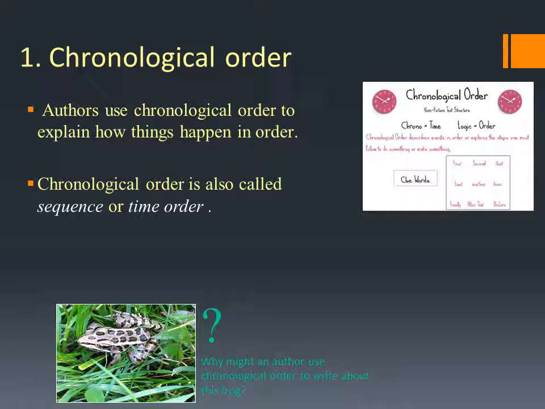The first way an author might do it is by using chronological order. They use this to explain how things happen in order. It is also called the sequence or time order. For example, why do you think the author might use chronological order to write about this frog? Think.